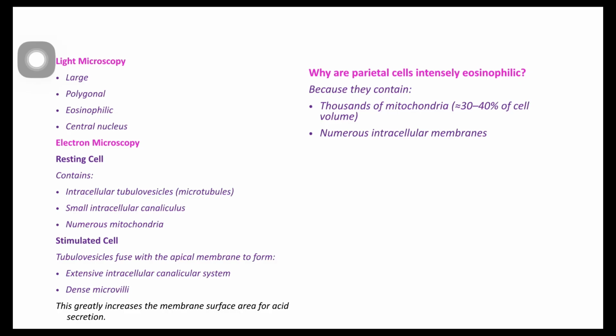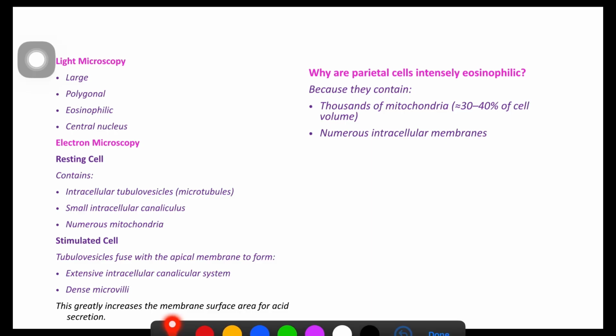Now if we see light microscopically, the parietal cell is a large polygonal eosinophilic cell with a centrally placed nucleus, and the resting cell contains microtubules. It contains numerous mitochondria, and here the tubulovesicles fuse and form the membrane surface, which increases the membrane surface area for acid secretion.